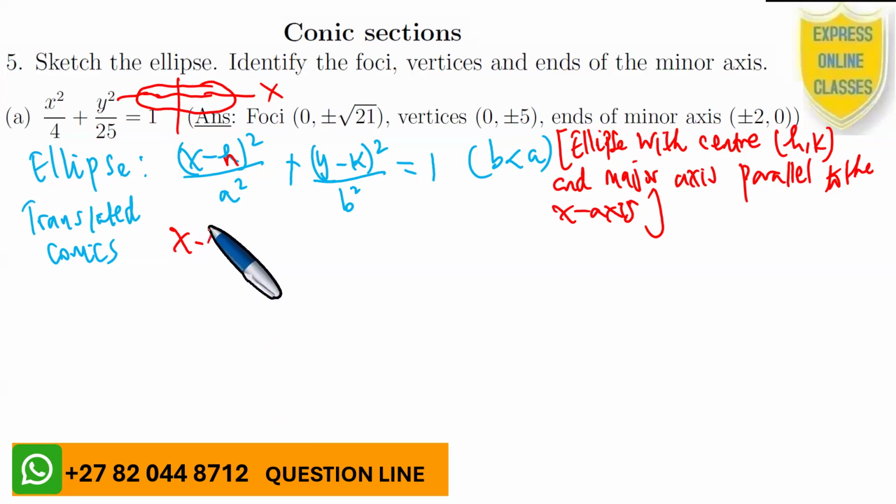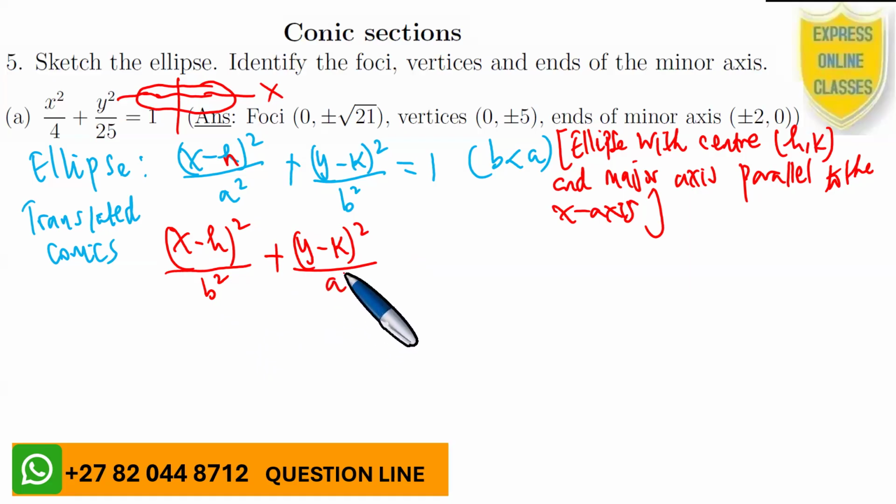There is this one that is still (x minus h) squared, but now we have b squared under the x, and then you have (y minus k) squared divided by a squared, equals 1.